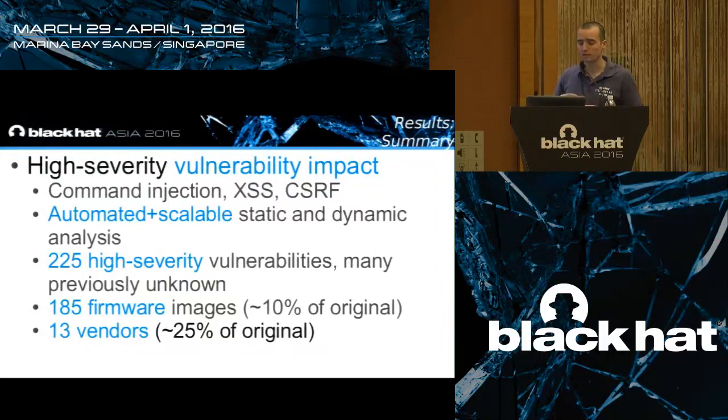We found 225 different vulnerabilities like that in around 185 firmwares from 13 vendors. It is not that much if you look at the original data set, but by increasing the success rate of chroot and web servers, and by using other techniques, these percentages can go a little bit up. And also, we are not interested in finding all vulnerabilities. We want to quickly find the easiest ones, right?